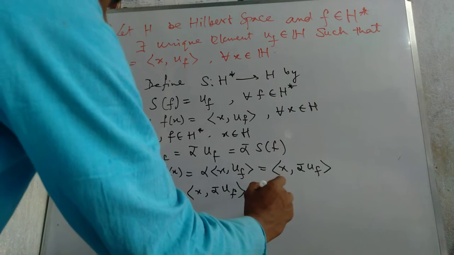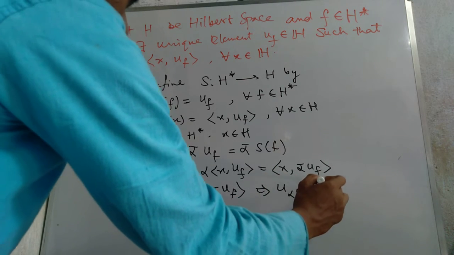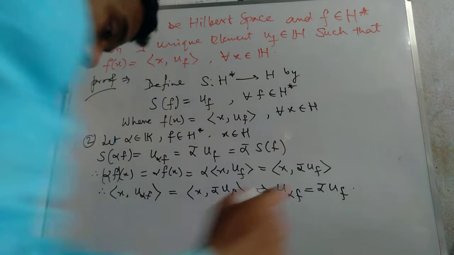So this implies that u of alpha f equals alpha closure u_f.